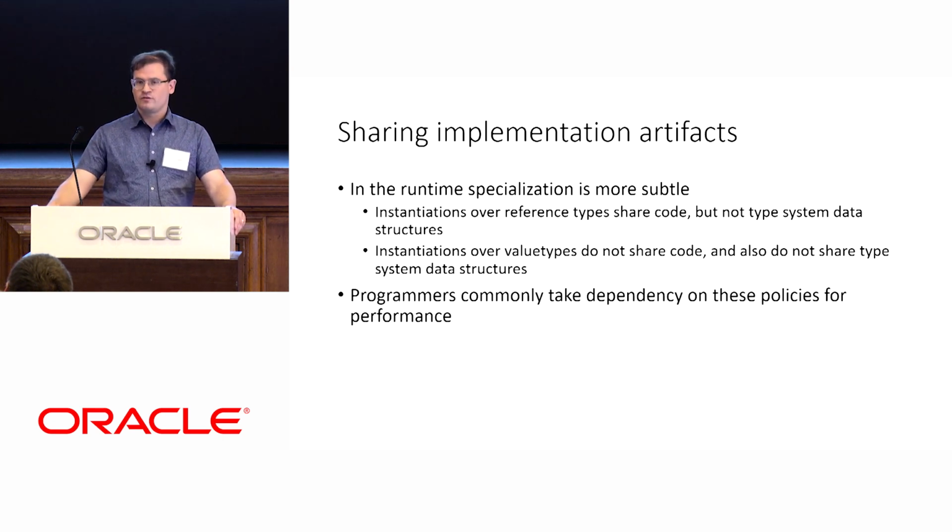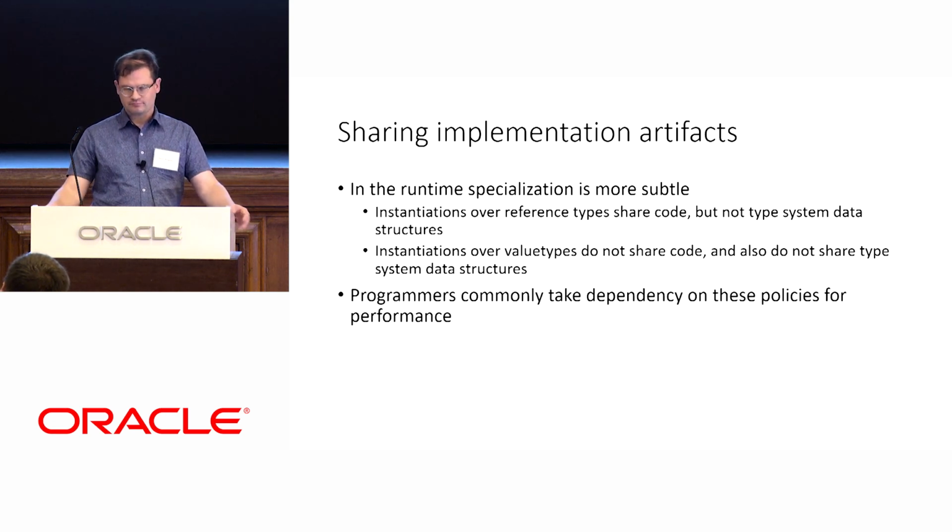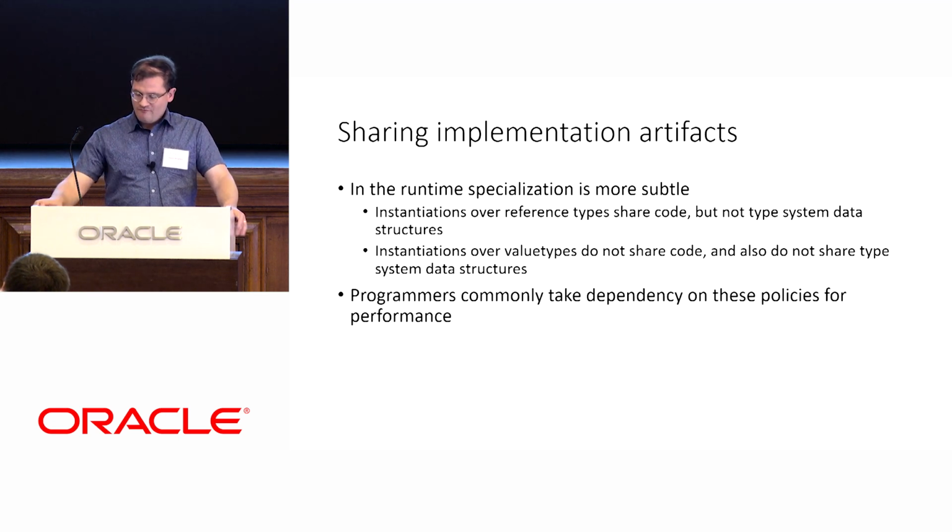Instead, for instantiation over reference types, we generate one copy of code that reaches into type system data structures dynamically to figure out exactly which instantiation value is needed for something like a cast operation.